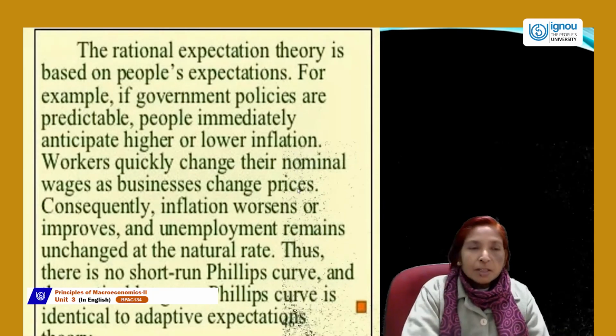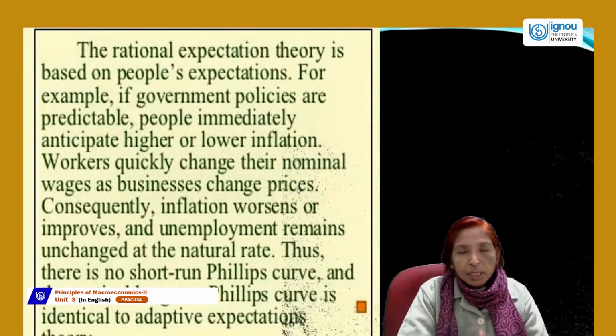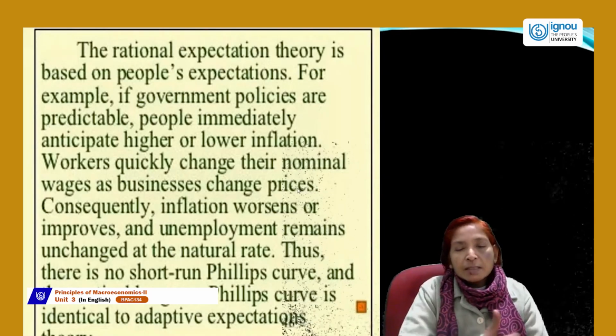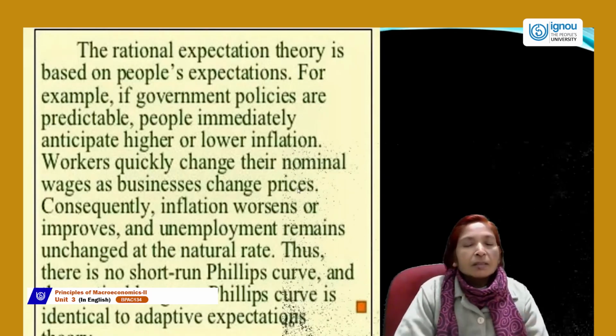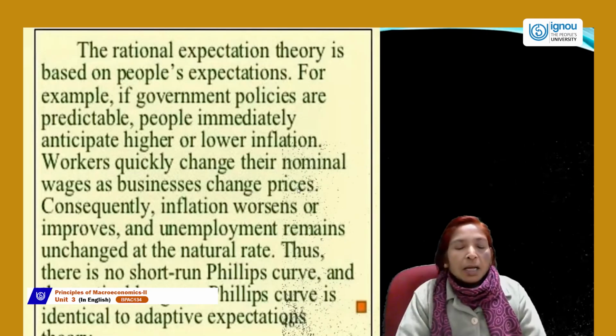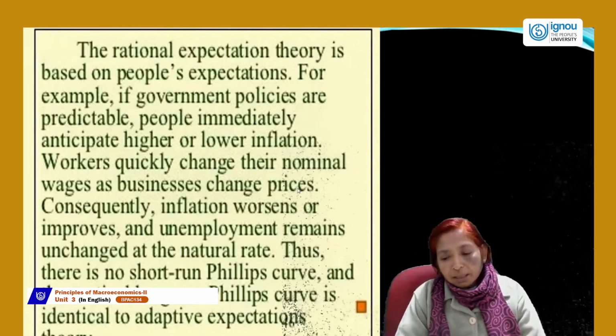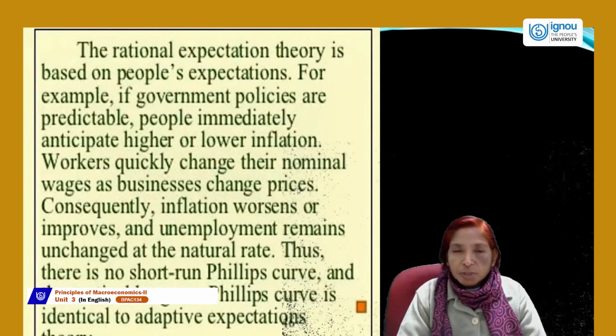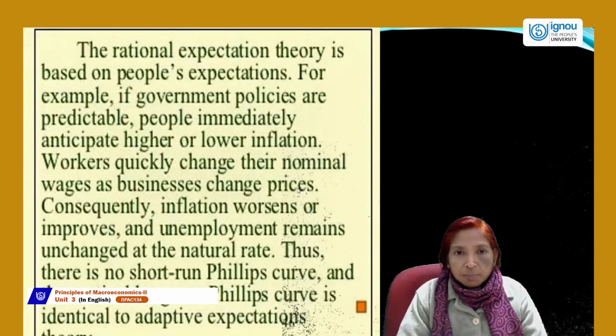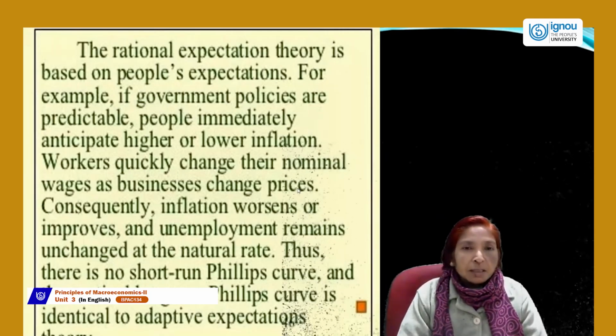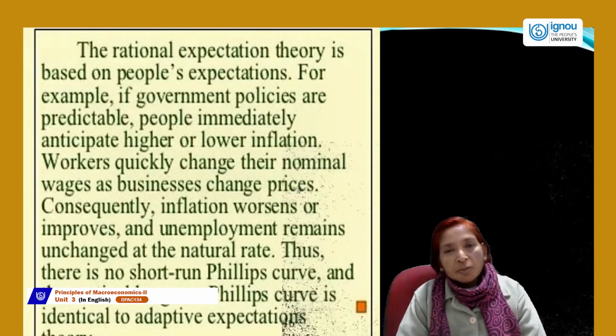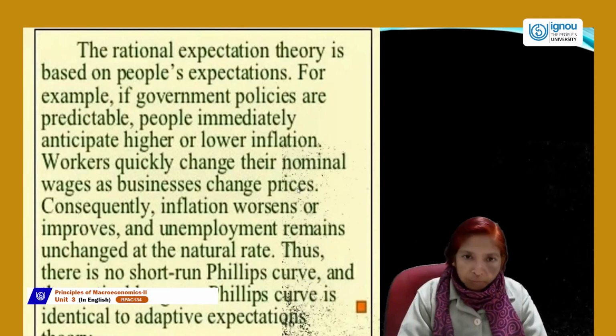In adaptive expectation, we adopt those things which mainly existed in previous years, and we can adopt that type of information for future also. But in rational expectation, we are not adopting the same thing which we have seen in previous years.